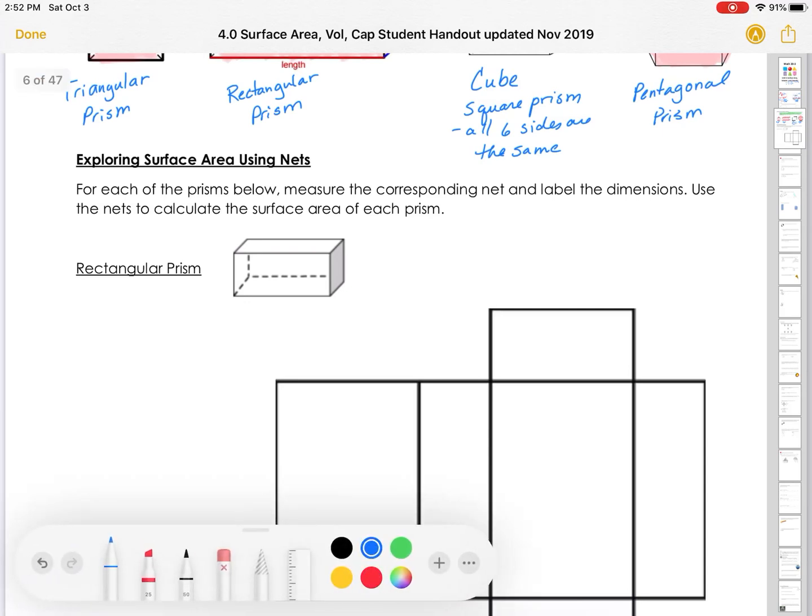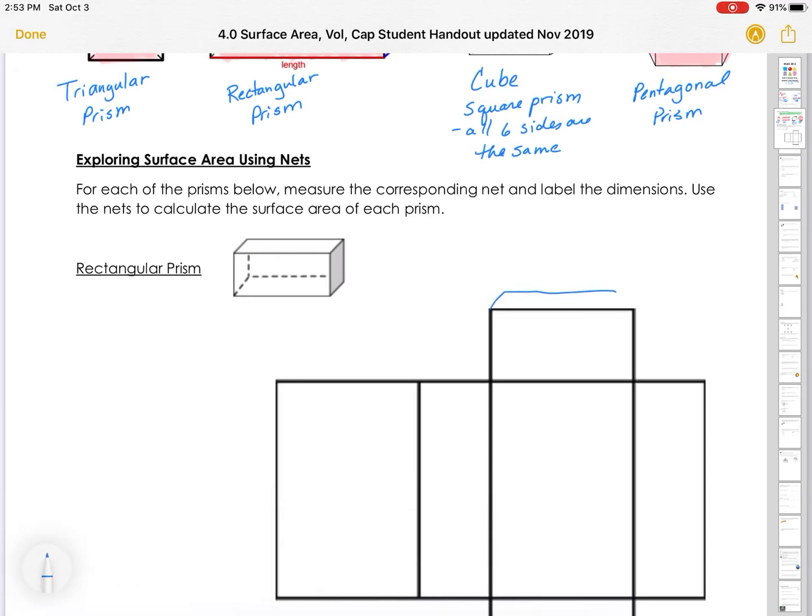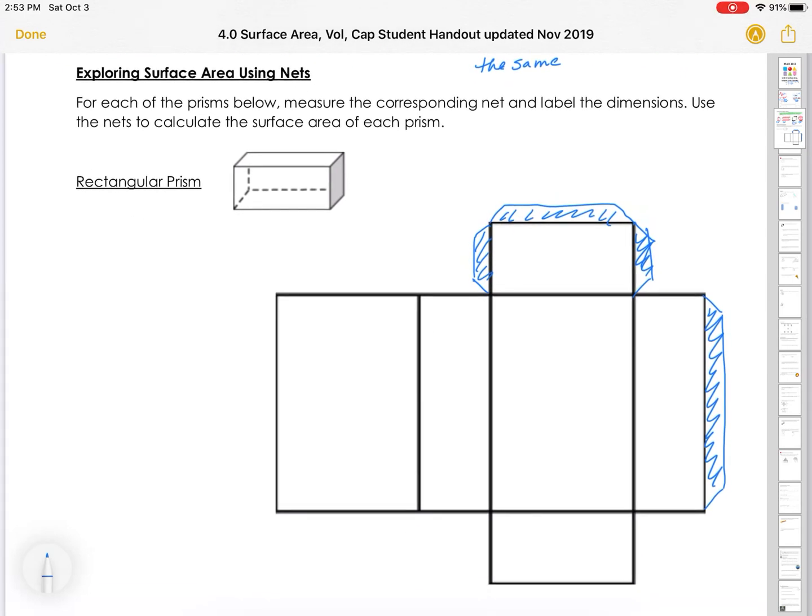So if you took this and you had little flaps here, you could cut this out and glue it together to form yourself that rectangular prism. This would just be like the gluing tabs, right? So nets are a convenient way to look at a rectangular prism as an expanded or exploded form, okay?